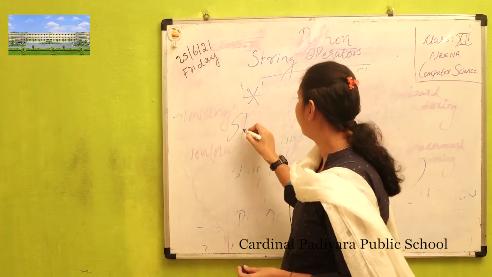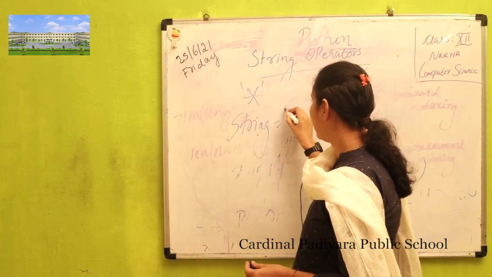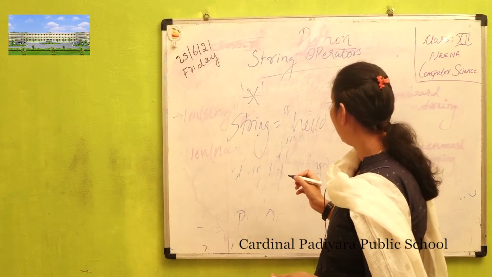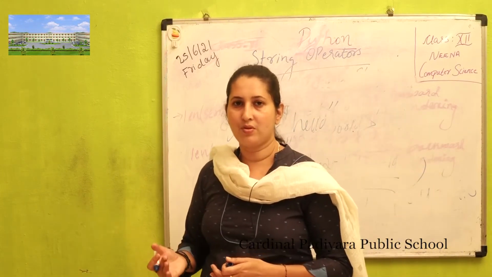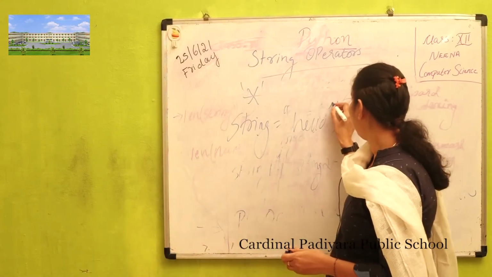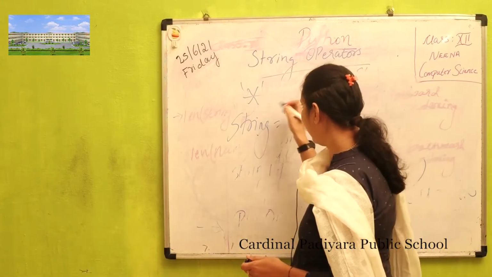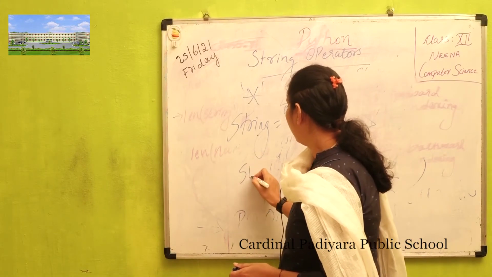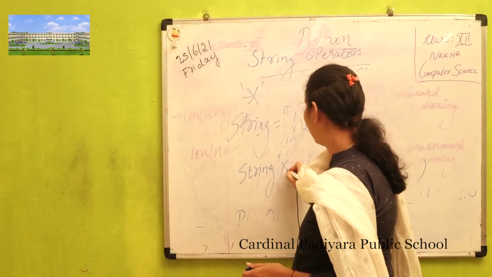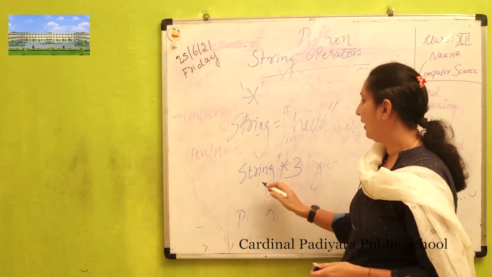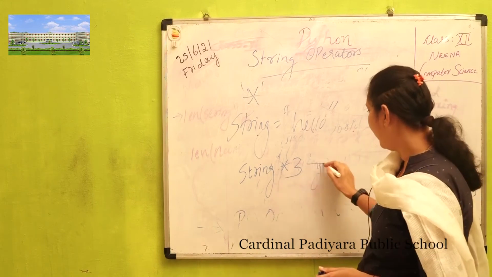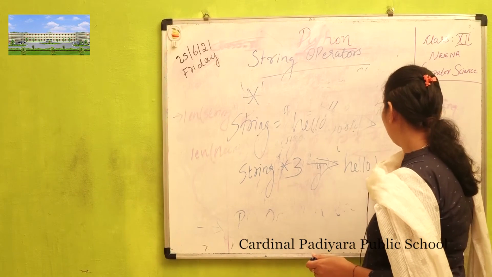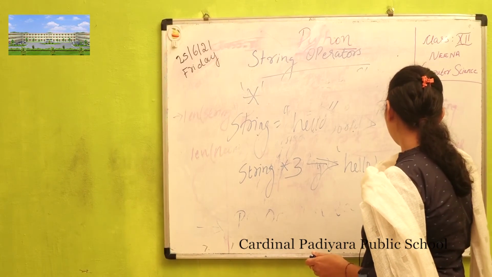If the string is hello, and you want to repeat it 3 times, we use string star 3. So the string is repeated 3 times, and its output is hello hello hello.